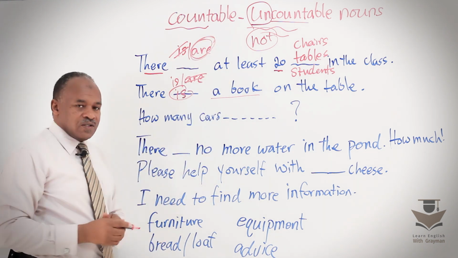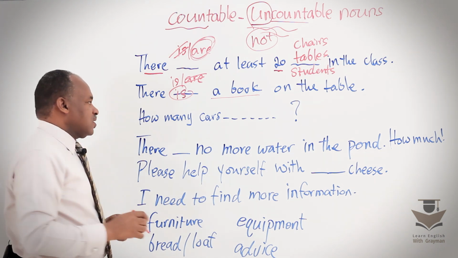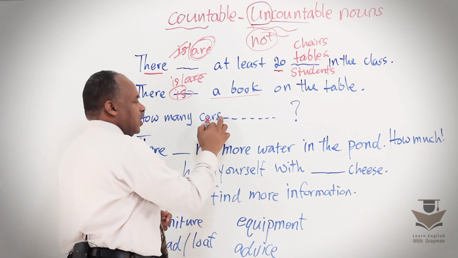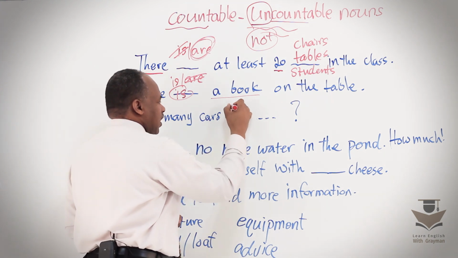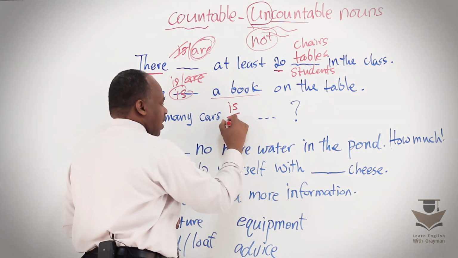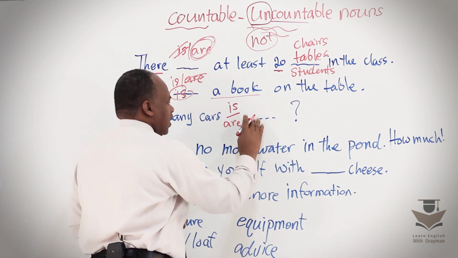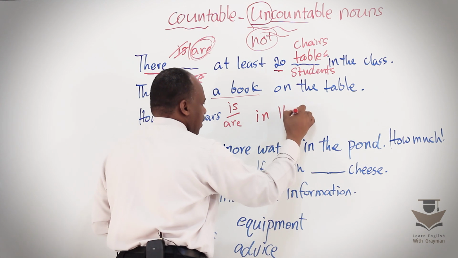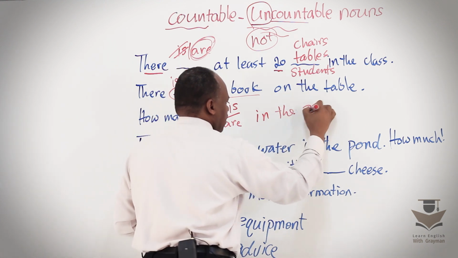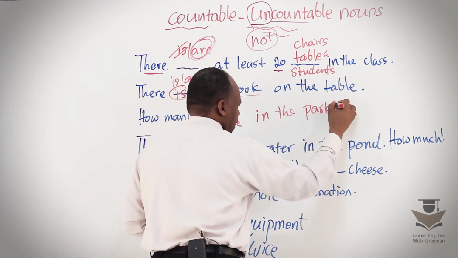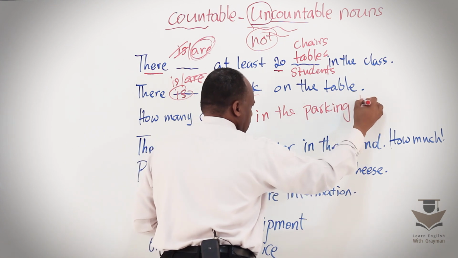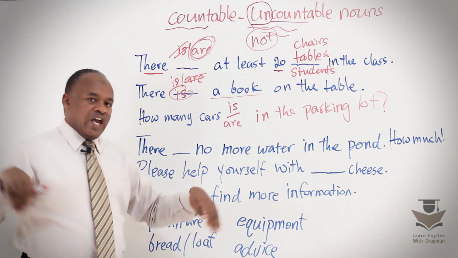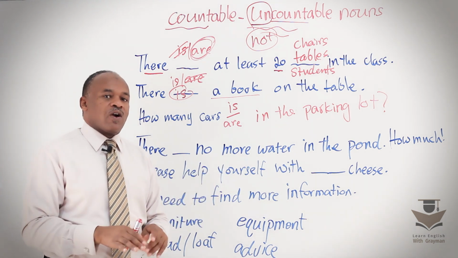Let's look at this. I'm going to ask you questions. How many cars? Here, I'm going to use either is or are in the parking lot. Parking lot means the area where the cars park.